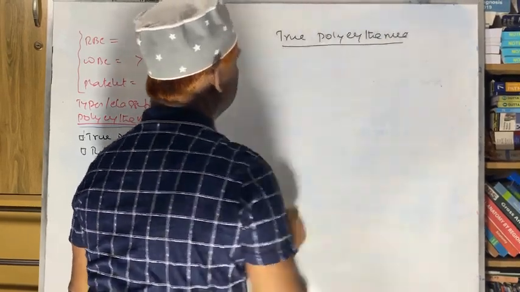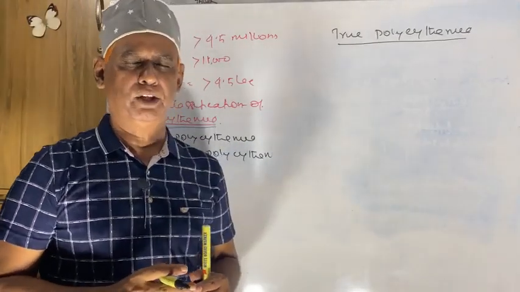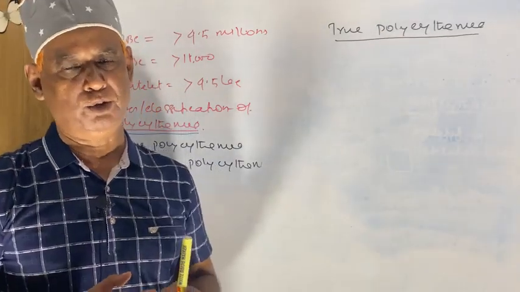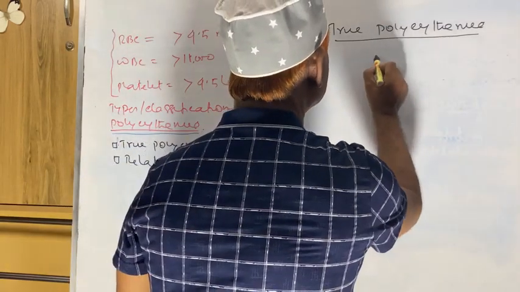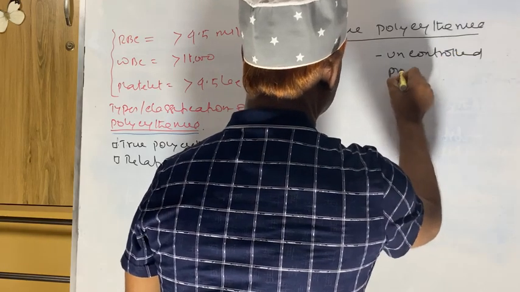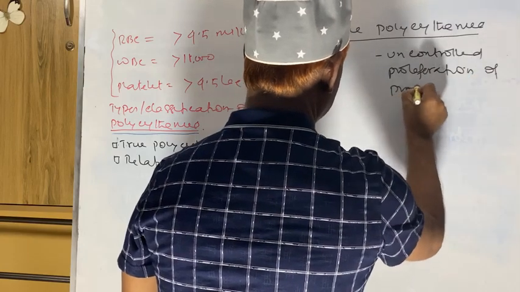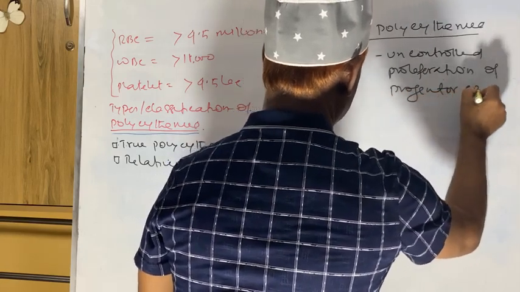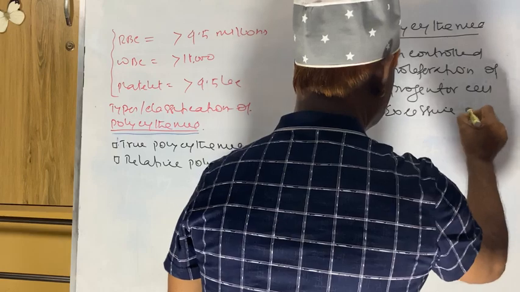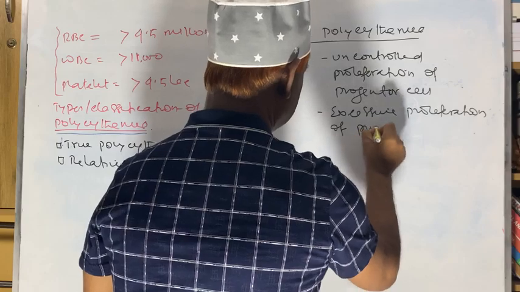In true polycythemia, what happens in the bone marrow? There is uncontrolled proliferation of progenitor cell, or excessive proliferation of the progenitor cell.